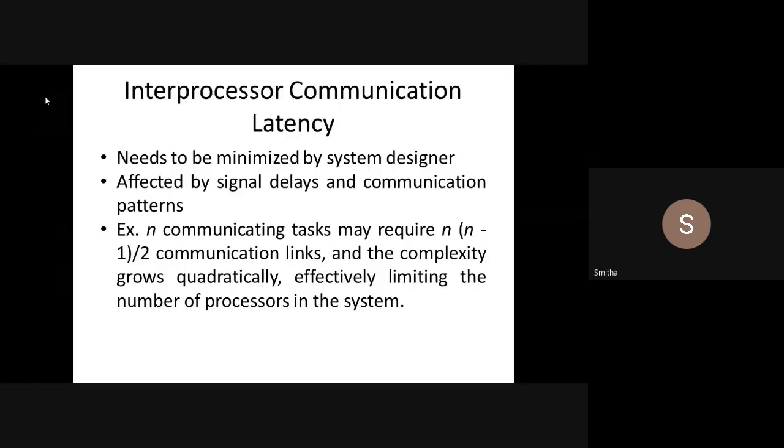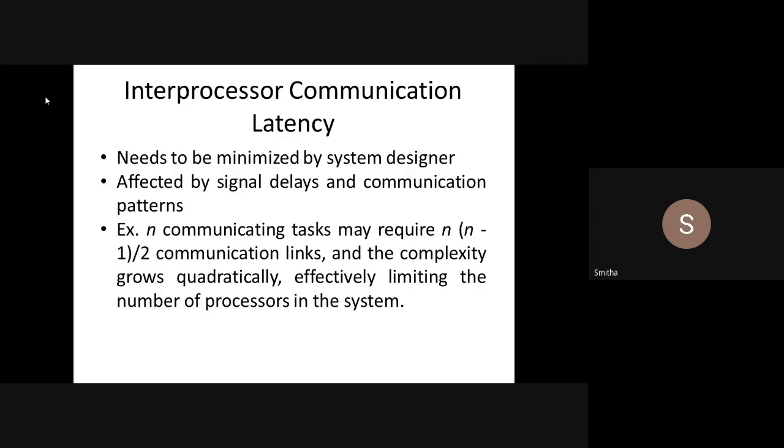Yes, ma'am. Okay. So what they are telling is, the inter-processor communication latency will be affected by signal delays. You know that in order to communicate, we will use some signals, or some communication patterns. It can be mesh topology or bus topology.